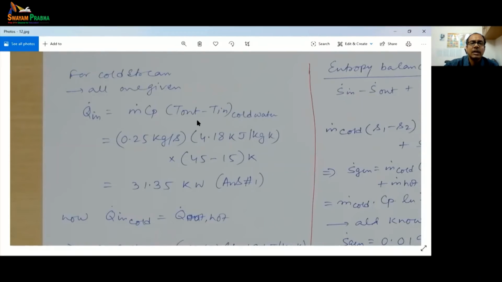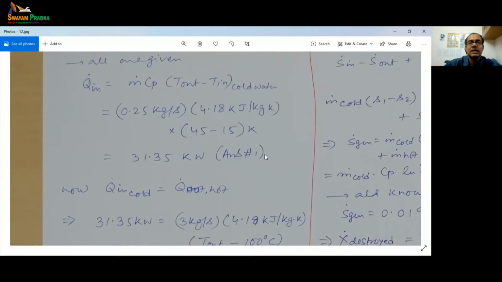The inlet and outlet temperatures are given to be 15 degrees centigrade and 45 degrees centigrade, and you can write the difference either in degrees centigrade or in Kelvin. As all of them are in Kelvin, it's better to write it in Kelvin. If you perform this multiplication, the rate of heat going into the cold stream is 31.35 kilowatt, and that's the first answer it is asking.